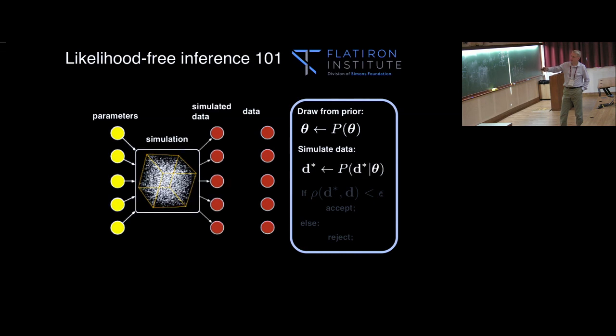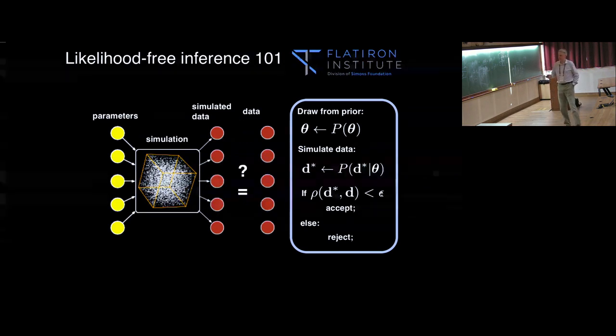You then summarize that in terms of your simulated data, some features of the simulation, and then you look at the measurements, power spectrum, number function, whatever it is that you measure in the sky, and you compare the simulated values with the true values, and if they're equal up to some epsilon, you accept, else you reject, and you do another simulation. That's what I call the naive sampling approach, except for the fact that you have an epsilon here. So you accept within some neighborhood of the true data.